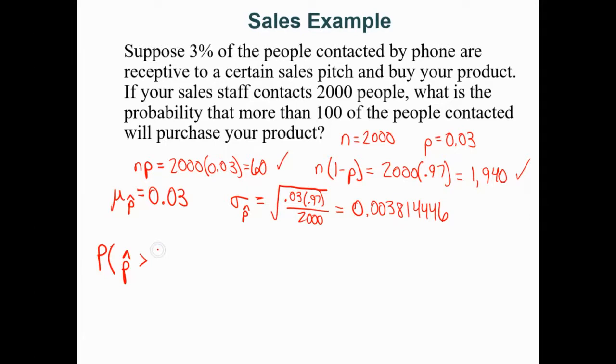Now I can't say 100 here because I need a proportion. I'm gonna have to say 100 over 2,000. So what is 100 divided by 2,000? 0.05.